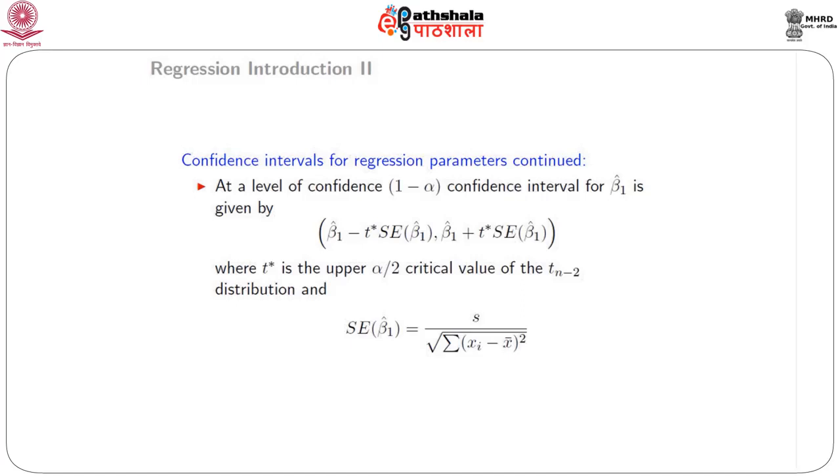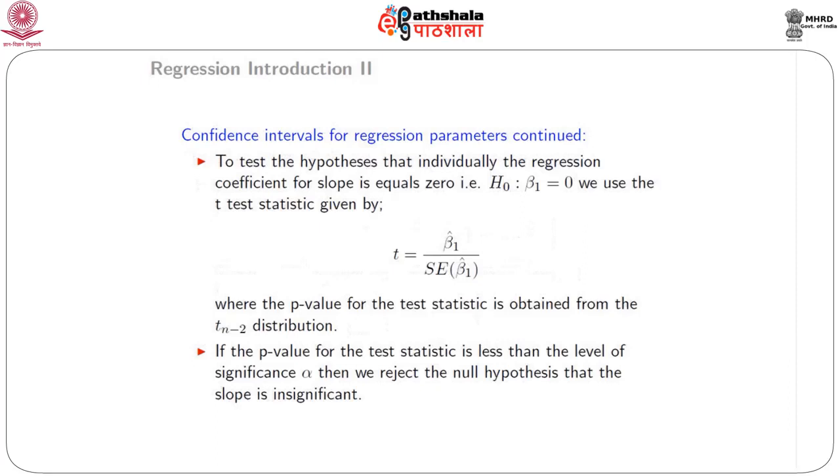Now, the confidence intervals for the two regression parameters tell us that when we estimate the parameters, we are confident that at level of confidence 1 minus alpha, the value of the parameters will lie within this interval.